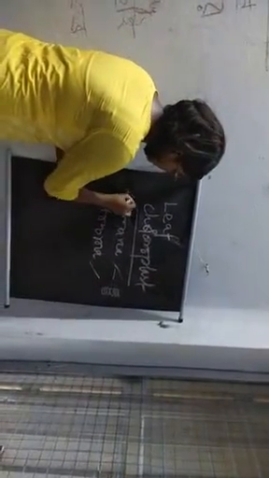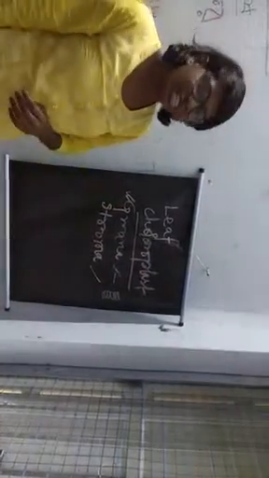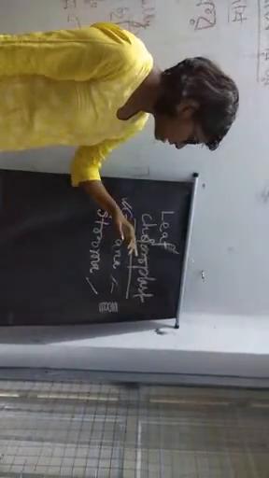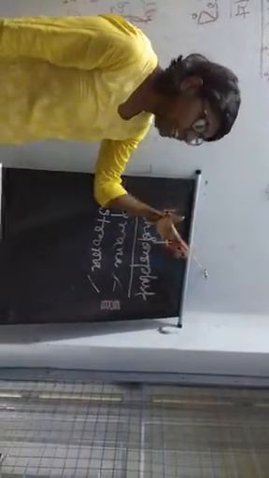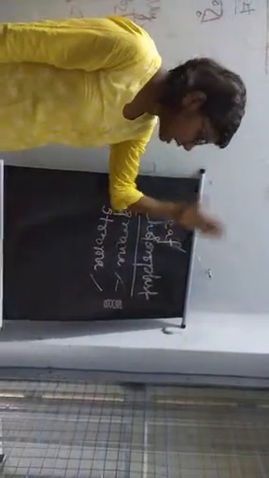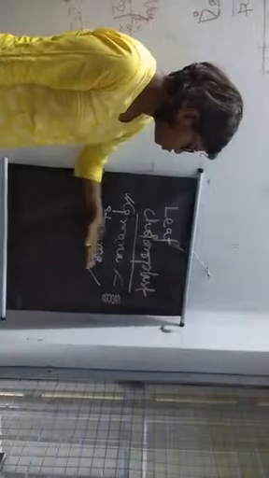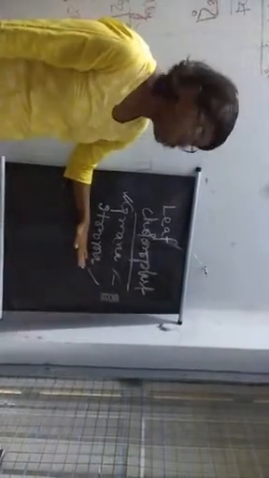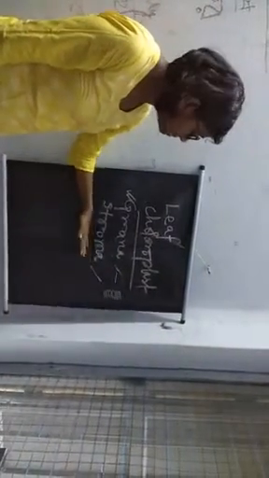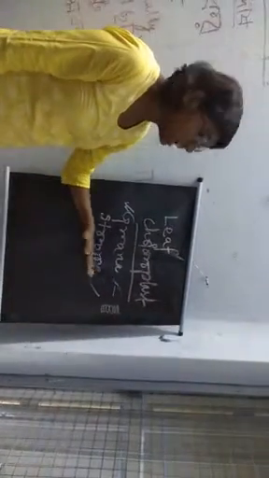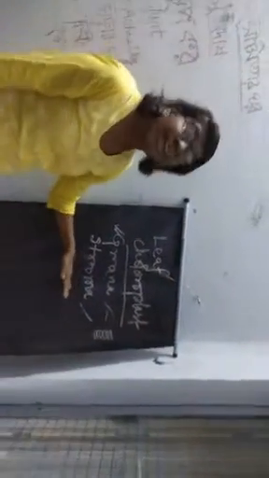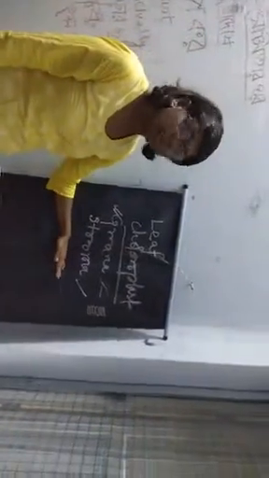So grana is the site of the light reaction. That means grana is the part where the light from the sun is trapped, and stroma is the site for CO2 fixation. That means in the stroma, the carbon dioxide gets fixed into carbohydrates or glucose.